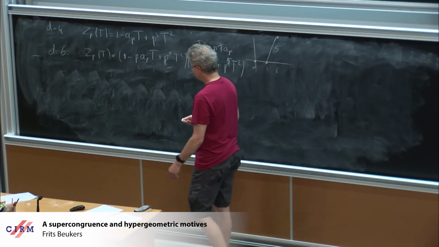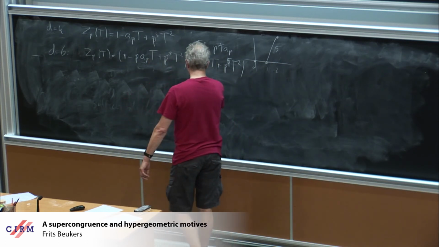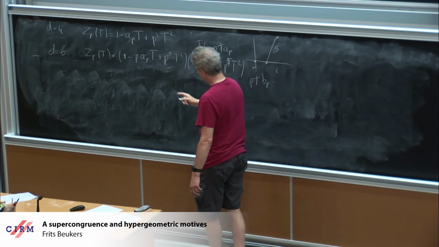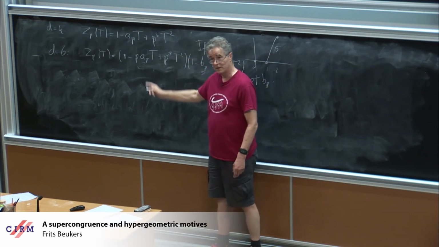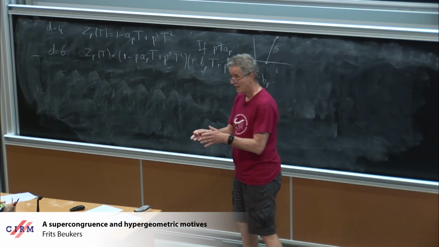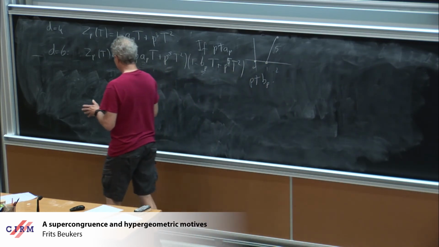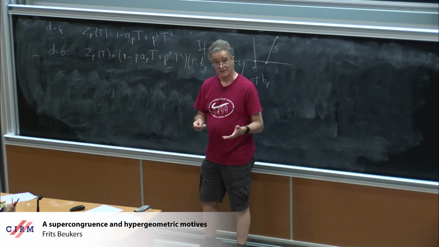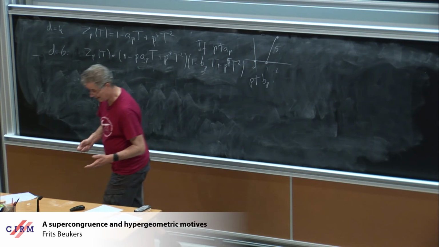So really, this zeta function has a unit root, at least if p doesn't divide b_p, but it also has a root which has valuation 1 over p, which is very funny. And Vadim Zudilin pointed out to me that if you have such a phenomenon, you even get another congruence, and the congruence is like this.